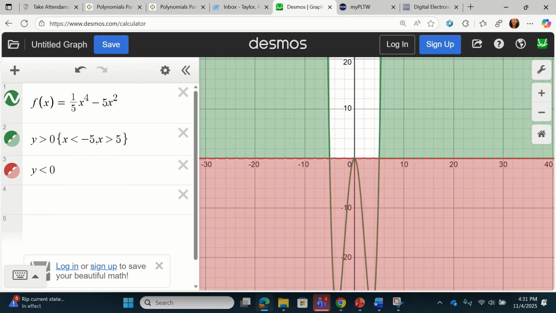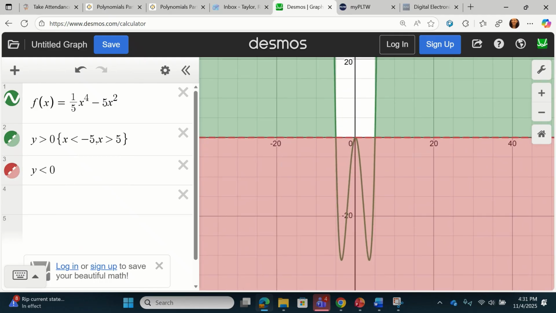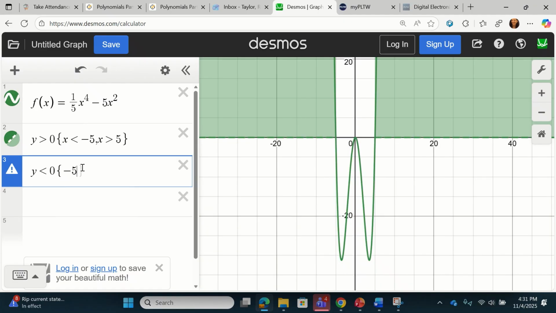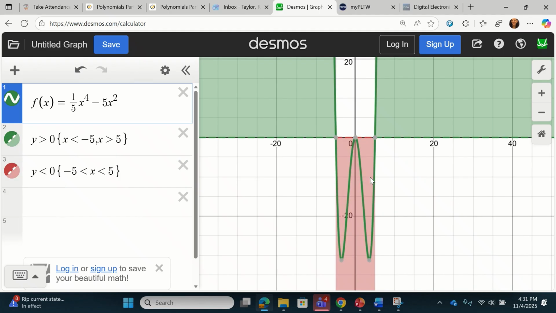Now, here's where it's going to get weird. You might do something like this and say, okay, well, that means that the negative would be -5 is less than x is less than 5. And it looks like that is good to go. And for everything you can see, it is, except it's not, because of that number right there.